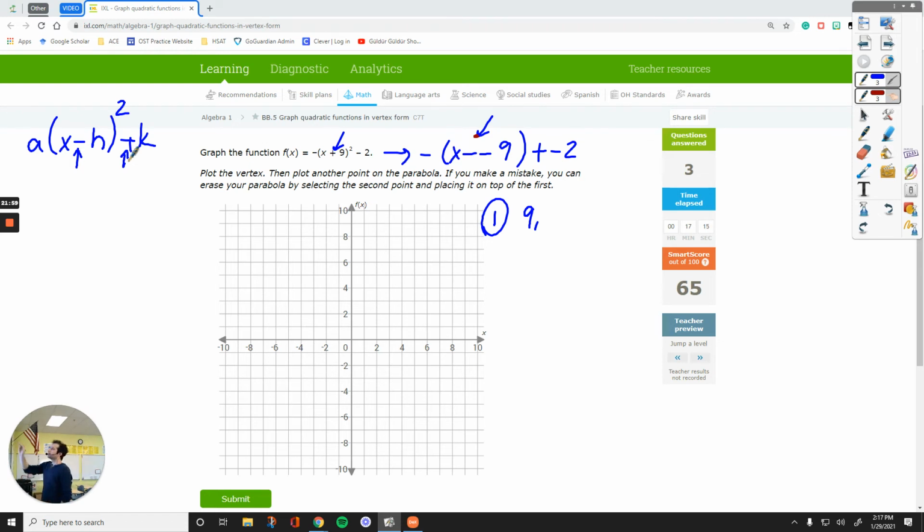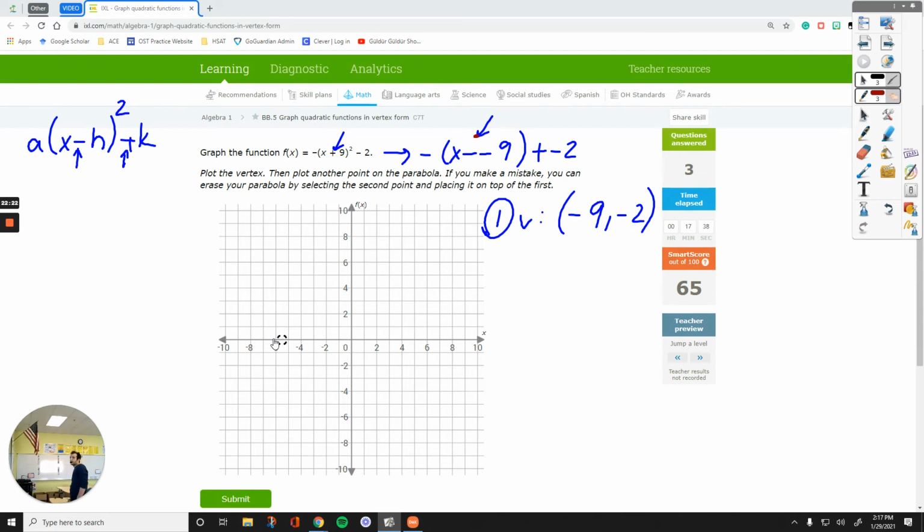So now let's focus on the numbers that we have in the vertex. So the vertex is going to be, the vertex is negative 9, negative 2. This is going to be the part that you're going to probably have a hard time with.